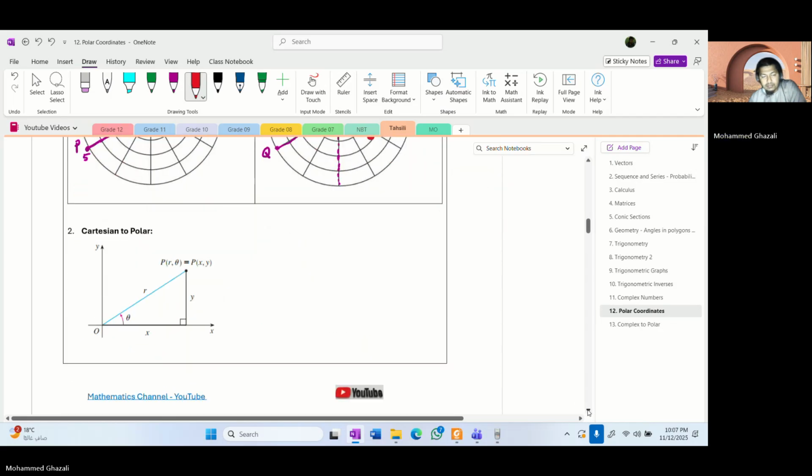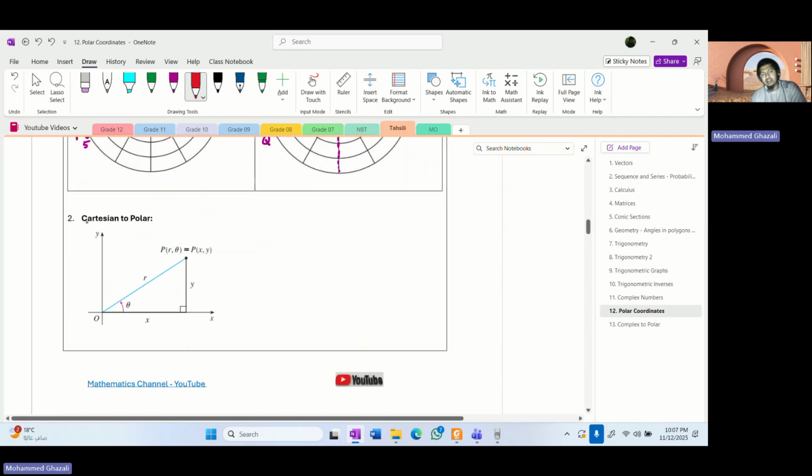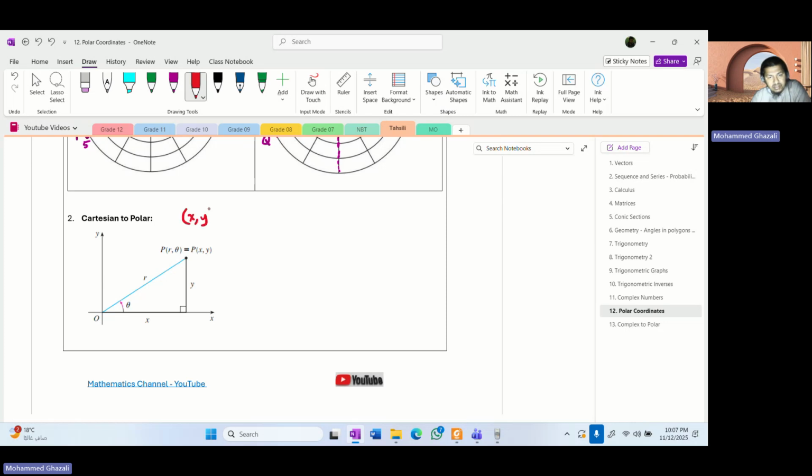Next. Now, how do we go from Cartesian to polar? Cartesian means you are given x and y, the point x and y. How do I transform to polar, which is r and theta? Very simple. We have r here. How do I find r? r is equal to the square root of x squared plus y squared.